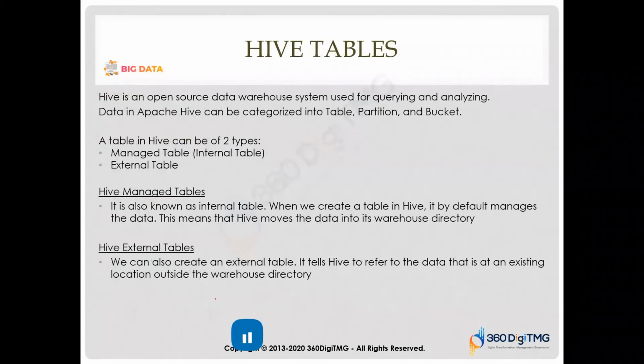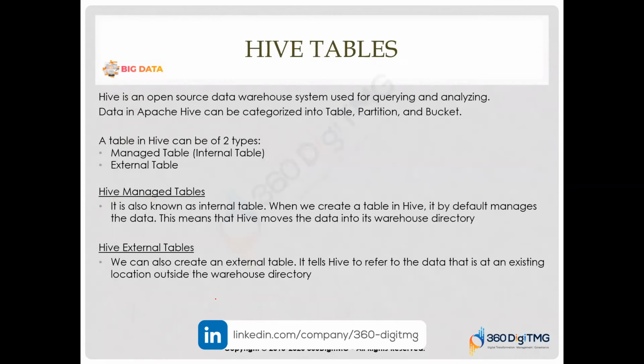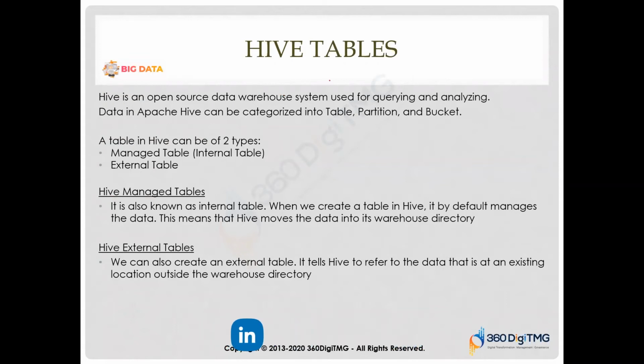Now, when I come to Hive, those are the components. And when you work with Hive, as I said, it is an open source data warehouse system or tool. The data in Apache Hive is categorized into tables, partitions, and buckets.